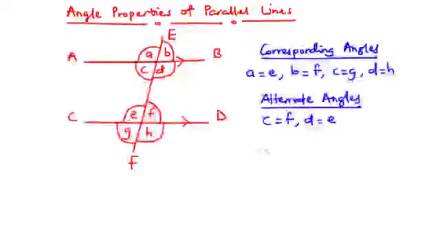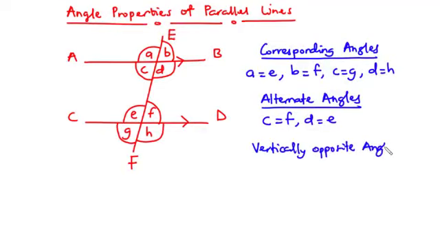Now let's talk about vertically opposite angles. When two straight lines intersect at a point, four angles are created. Let's consider the lines AB and EF. At the point of intersection, we have four angles created.